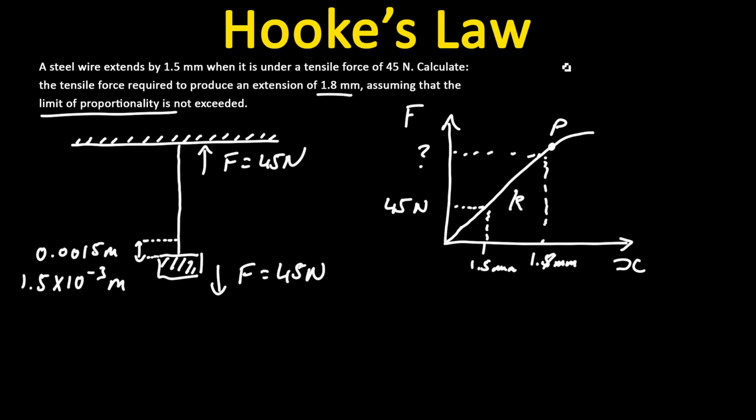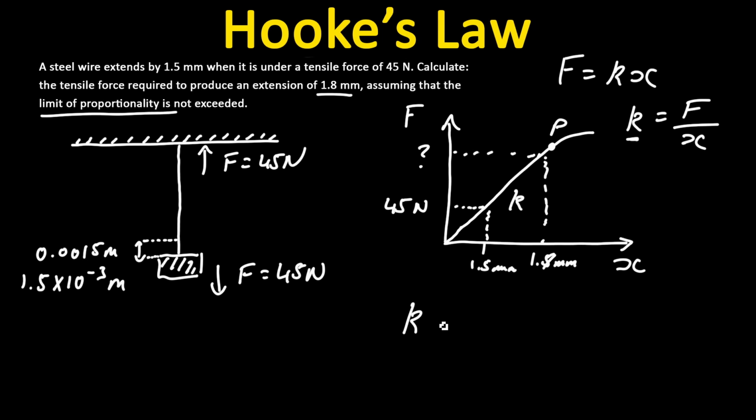Hooke's law is force equals the spring constant multiplied by the extension, and the spring constant is equal to the force over the extension. So we need to work out the spring constant first. We've got a force of 45 newtons that extends this steel wire by 1.5 millimeters.